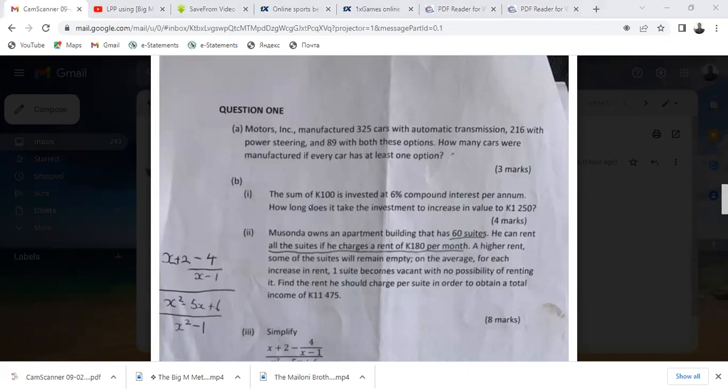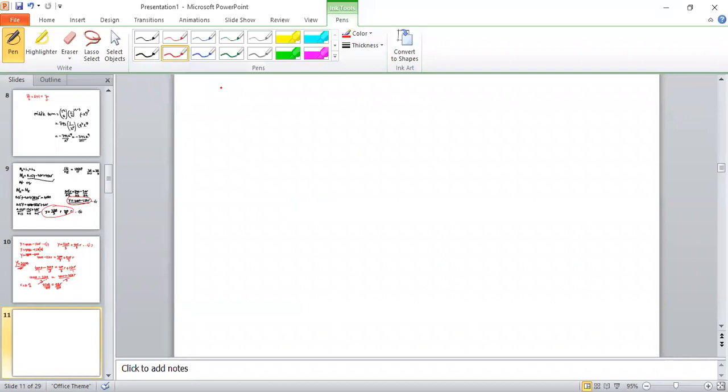The formula to use is for total revenue, which we know is price times quantity.